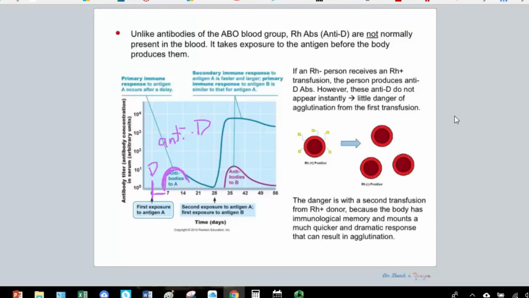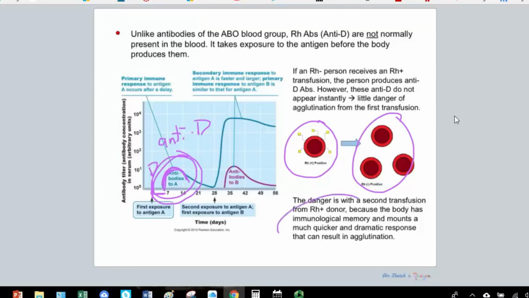So if you're Rh negative and you have a blood transfusion with a positive individual, you will get a response, but it's not a very dangerous response. Okay, so there's little danger if you get a mismatched transfusion the first time from an Rh positive individual.